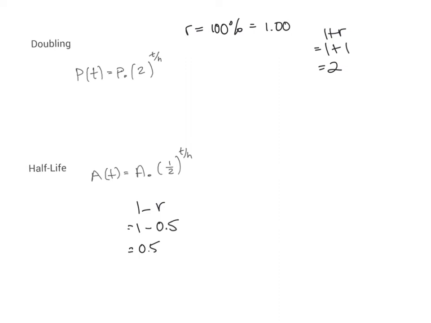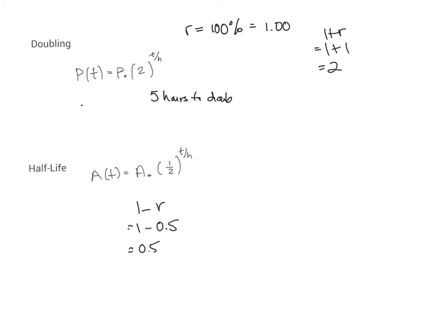And then you'll see the other big difference here is in the exponent. You're getting this t over h. So h is your half-life or doubling time. Let's say your work is in hours, and let's say it takes the population 5 hours to double.